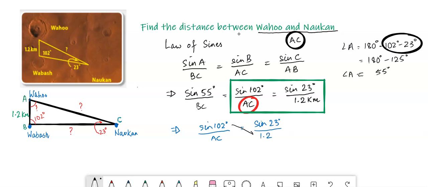Now we know the basics to go on from here, so I encourage you to pause the video and go on solving for it.